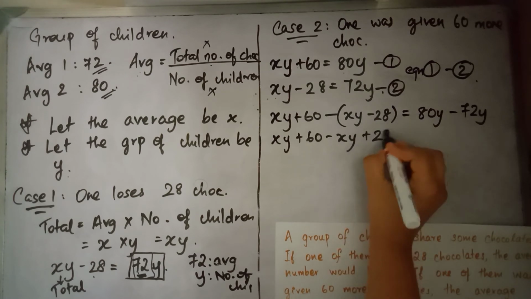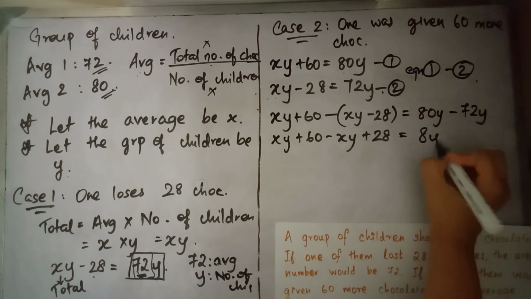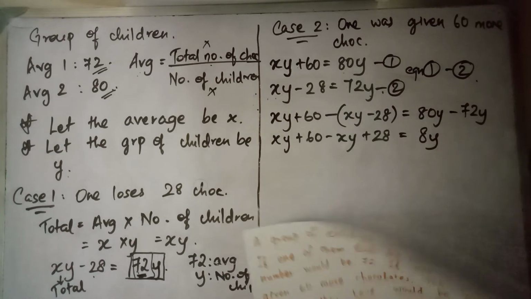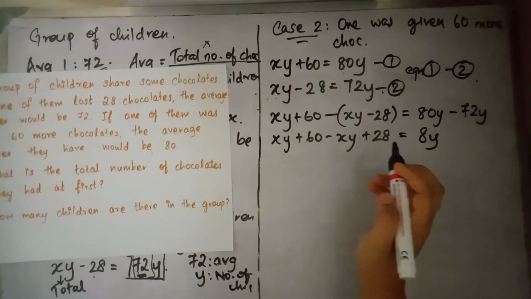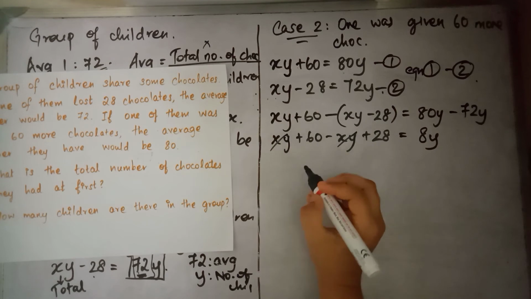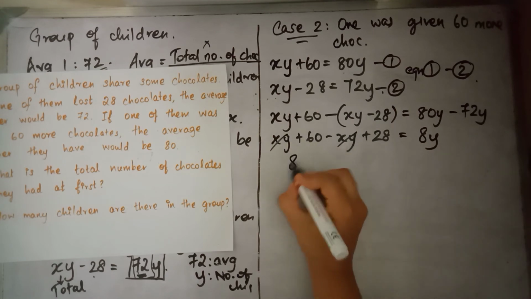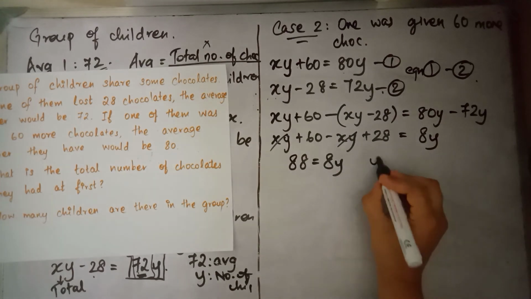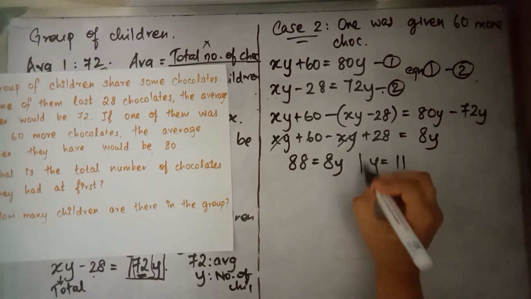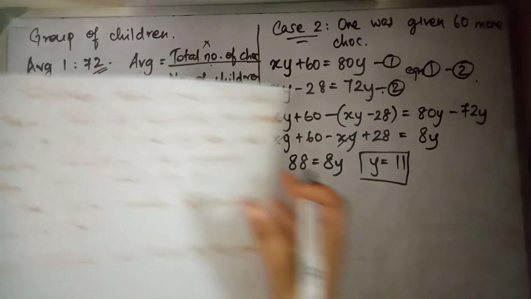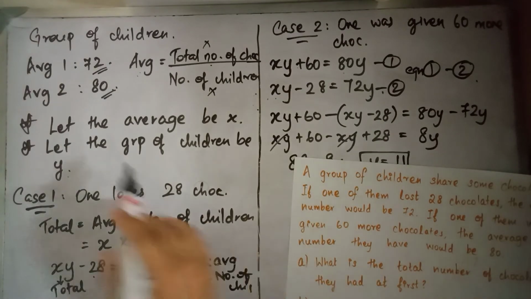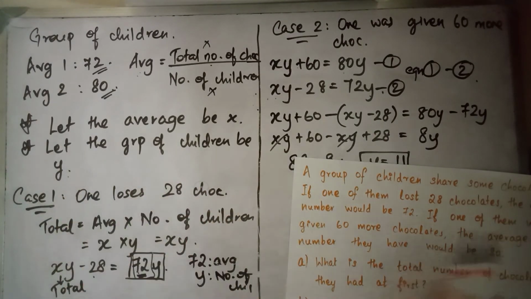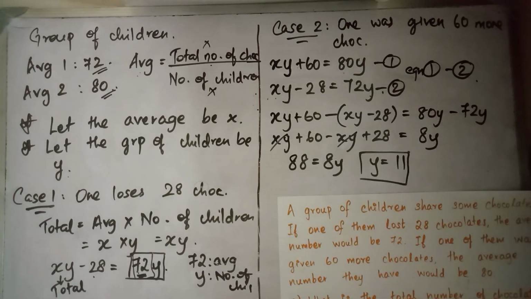Plus 28 is equal to 8y. xy will get cancelled. We will have 88 is equal to 8y. So y will be equal to 11. Now what is y? y is the group of children. So there are 11 children.